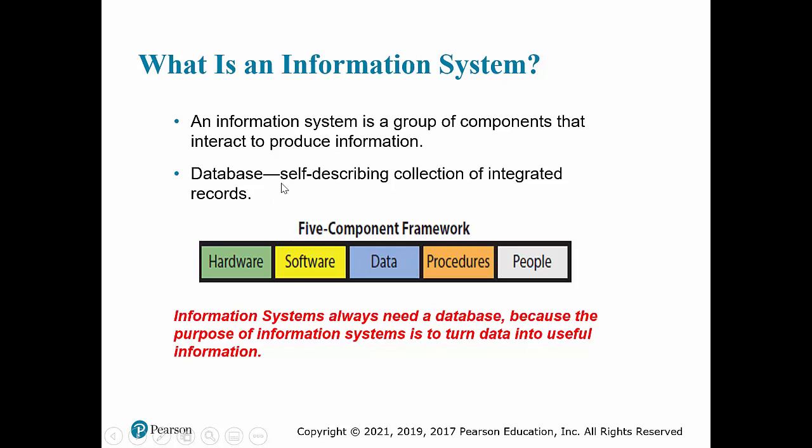So what is a database anyway? Database is a self-describing collection of integrated records, which means that those records are connected. What does it mean? Just think of records as Excel spreadsheets that have many different tables. Let's say that we have some records about students, and we have some records about professors.